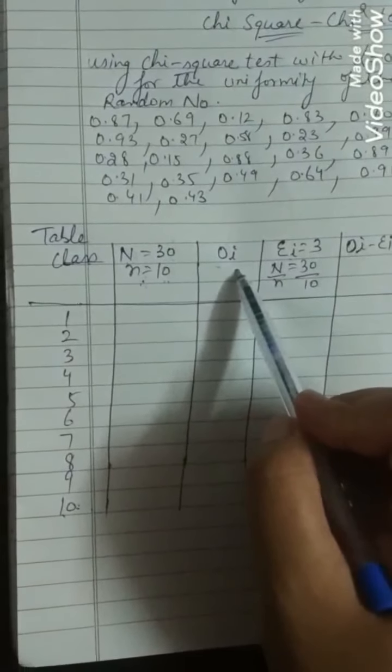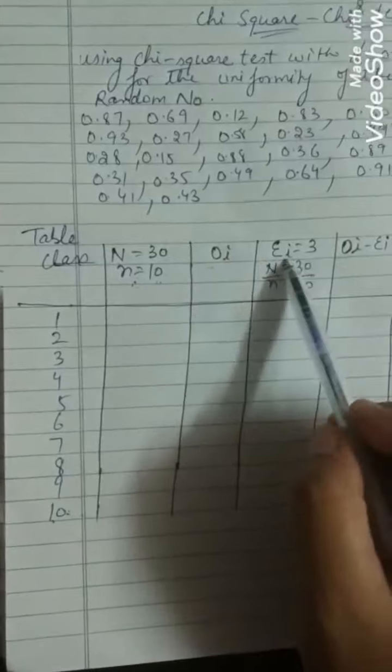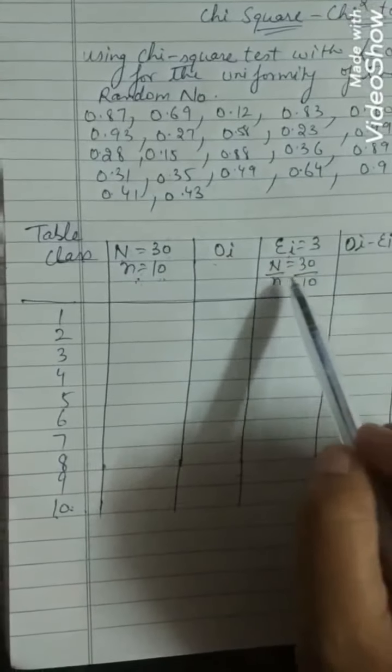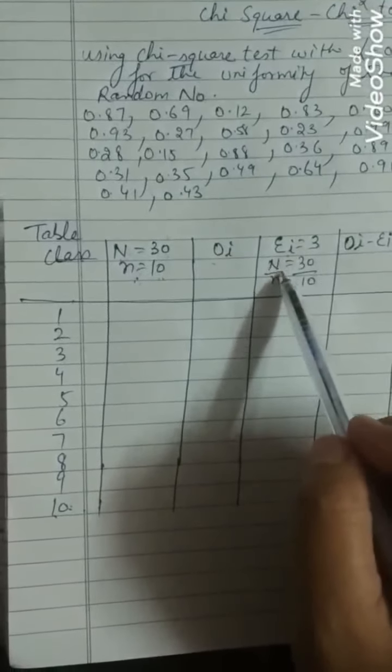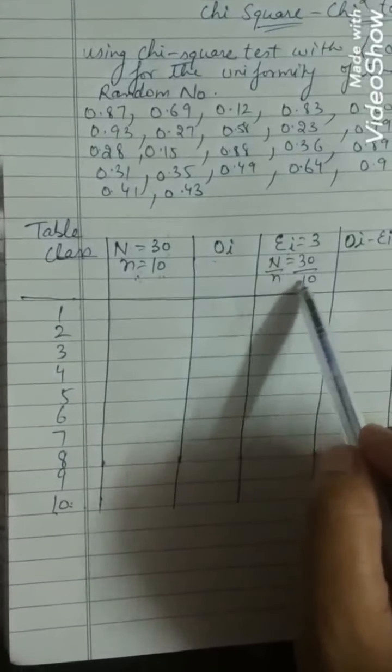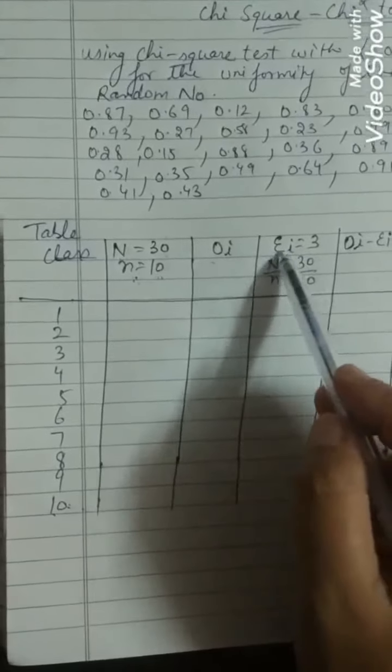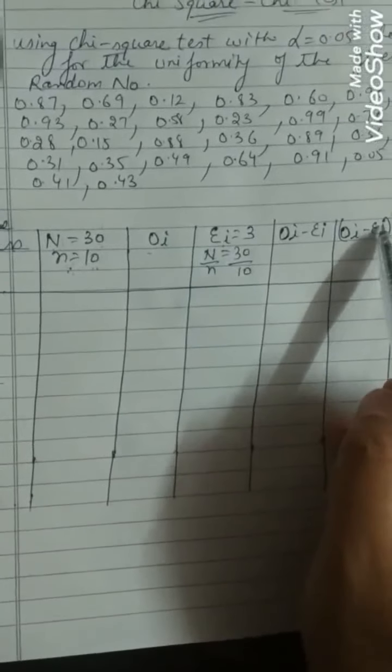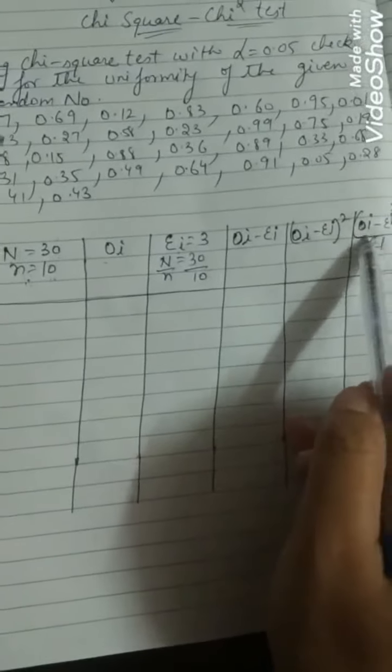Oi is the observed number and Ei is the expected number, where Ei equals capital N by small n, that is 30 by 10, so Ei is equal to 3.